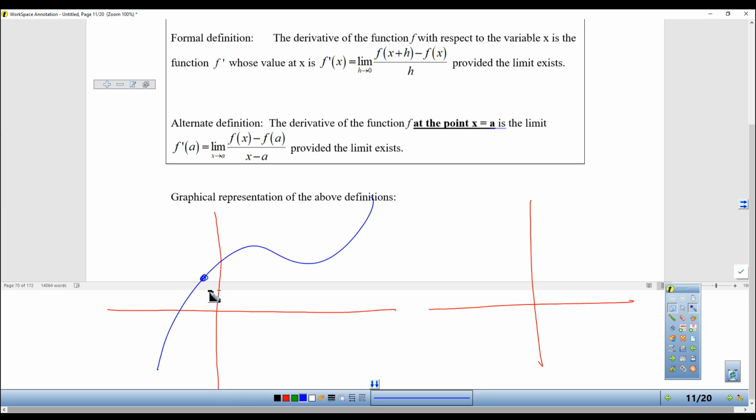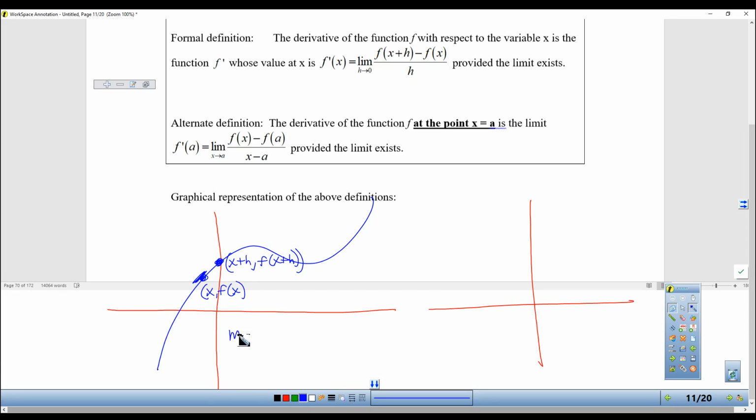I've always said that a derivative is the formula for the slope at any point along a curve. But in order to do slope, we need 2 points. So the first one is x comma f of x, and then the next one is x plus h comma f of x plus h. And if you could just let h be 0, these would be the same point.